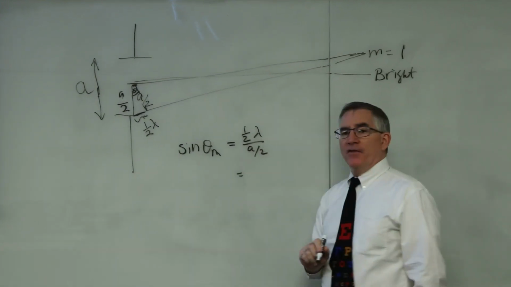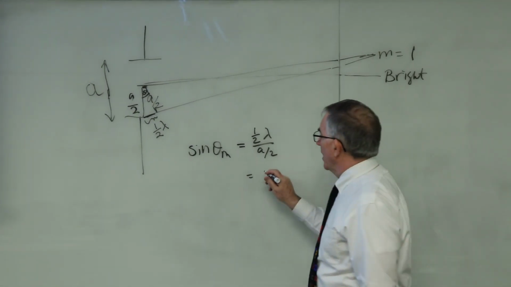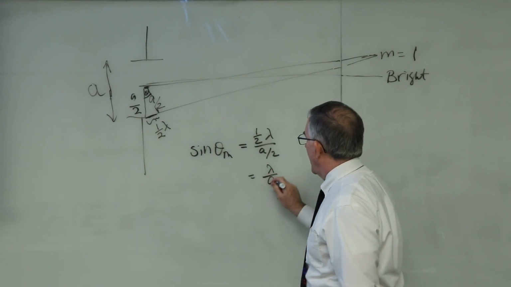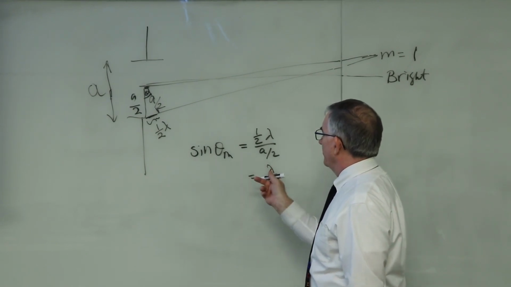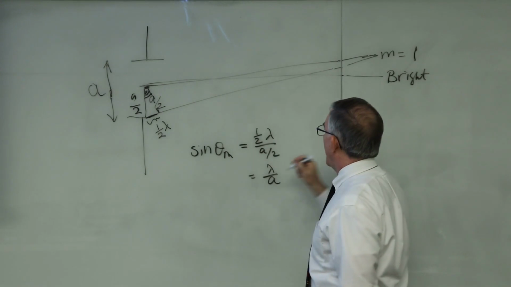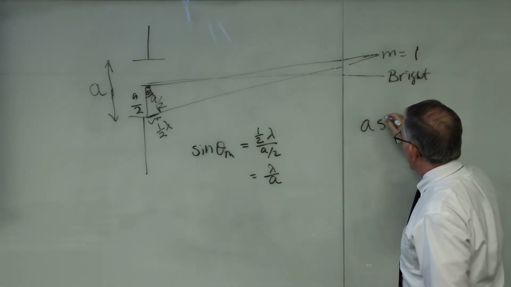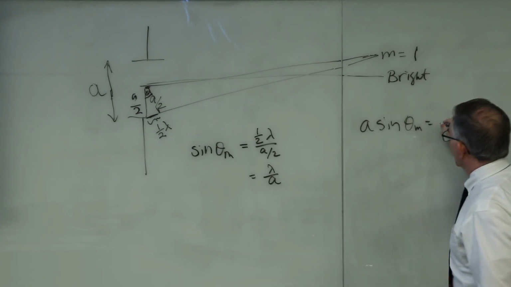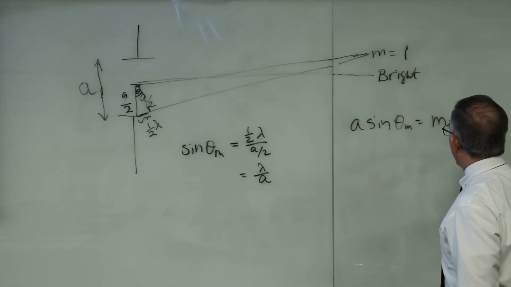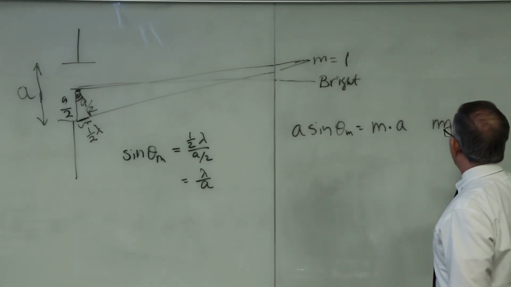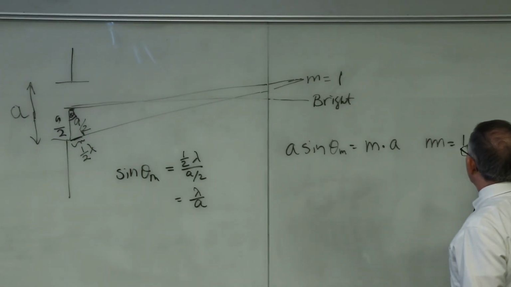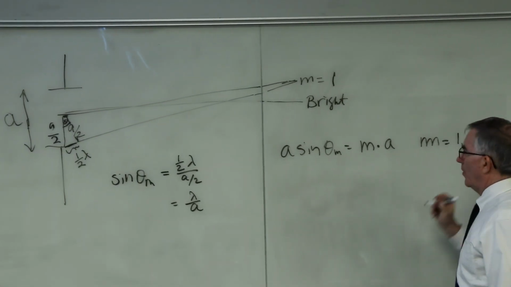Well, you can see the halves cancel out, and you're left with just plain lambda over A. And if you put the A over on the other side, then we get the equation that A sine theta m is equal to m times lambda, and m is equal to 1, 2, 3, and so on.